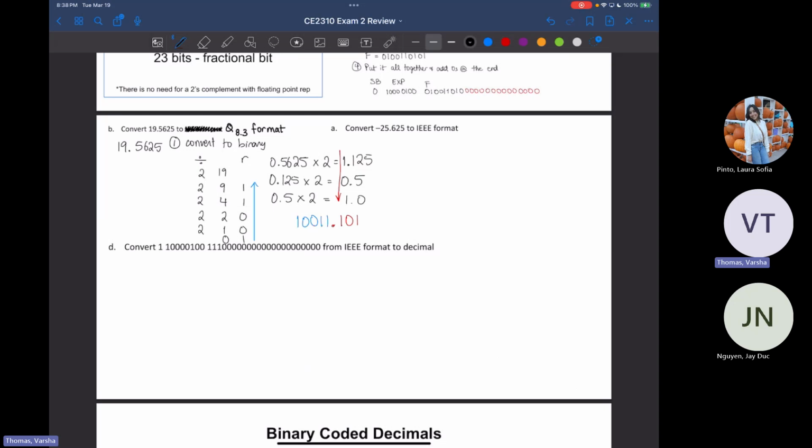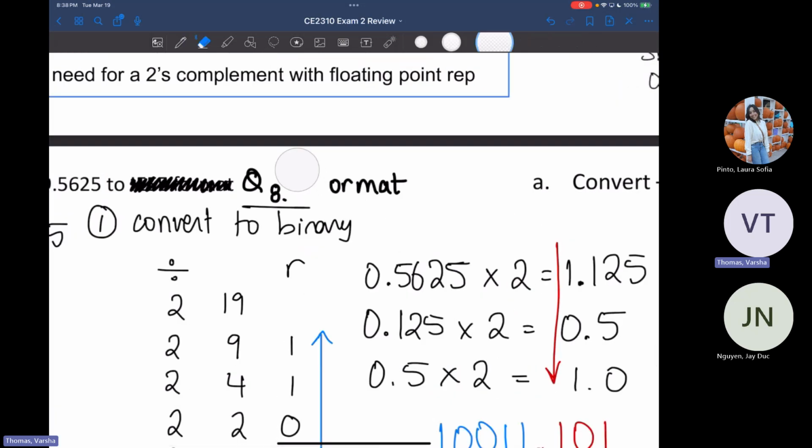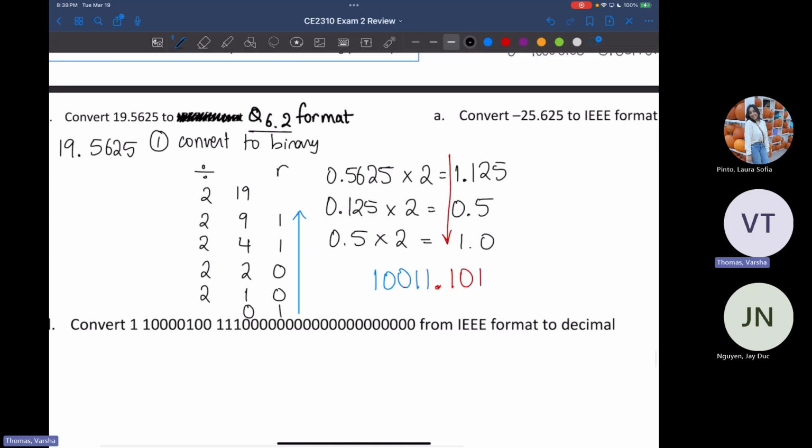So once you have your binary number, you're going to put it into the Q8.3 format. Actually, this is perfect. I'm going to change this to say Q6.2 or something, so we can see what happens to your number.